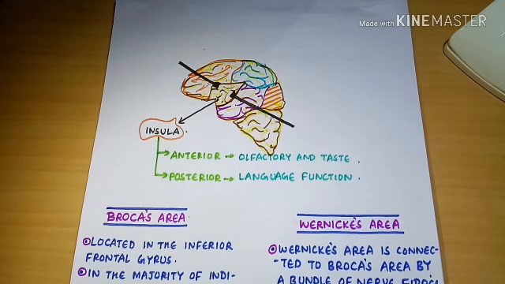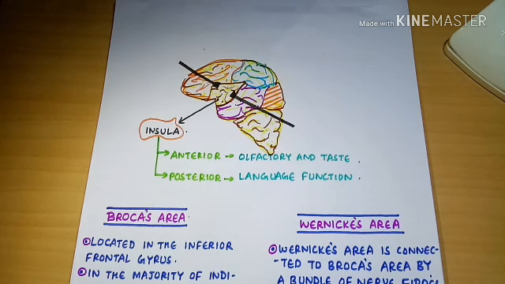The insula has two parts, the anterior and the posterior part. The anterior part of the insula controls olfaction and taste, whereas the posterior part of the insula controls the language functions.